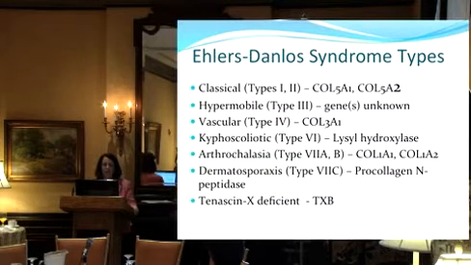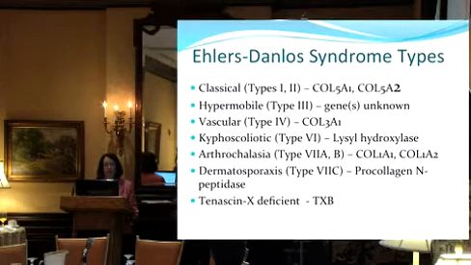The classical form used to be called types 1 and 2 in the old nomenclature, and we know that this type is caused by mutations in the type 5 collagen genes, alpha 1 and alpha 2 chains.